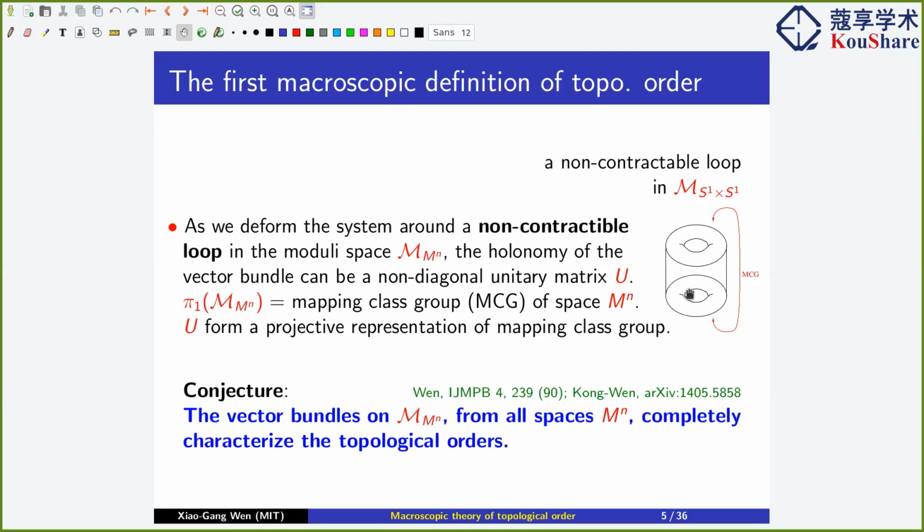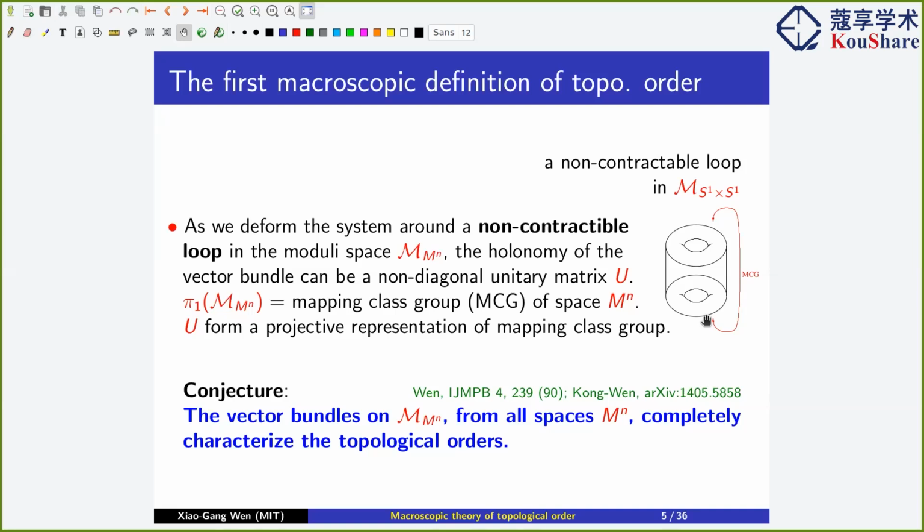So this is like a path in the moduli space. I deform a torus. And then when you come back to my old torus, we just glue this boundary to this boundary. Then we get this path. These two boundaries are identified. But to get a non-trivial loop, these two boundaries must be identified through a non-trivial map.